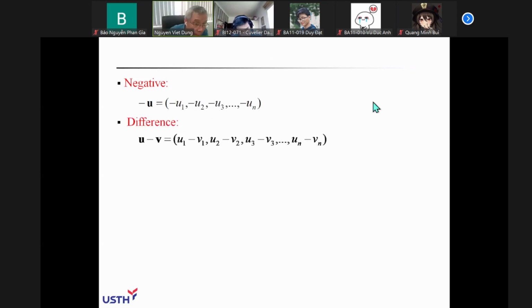And then we can define the subtraction of two vectors u and v, or we call it the difference u minus v. That is a new vector with the coordinates u1 minus v1, u2 minus v2, up to un minus vn.